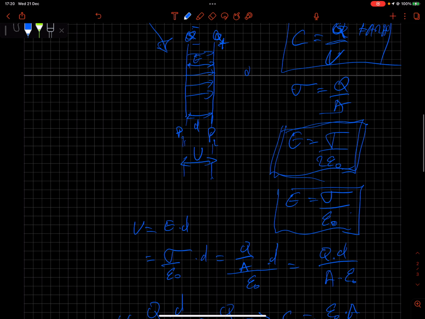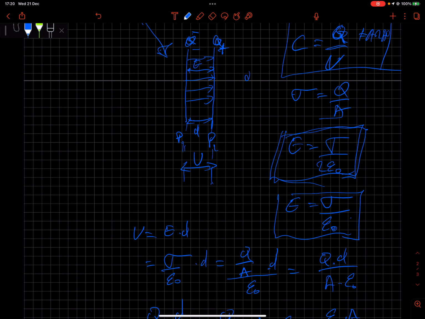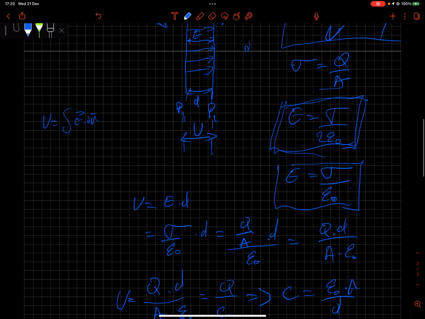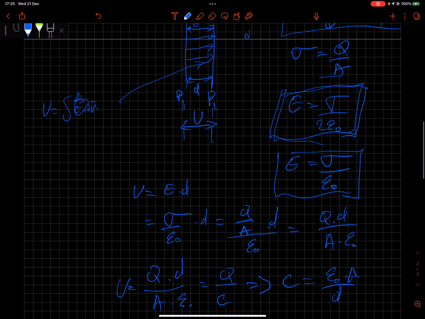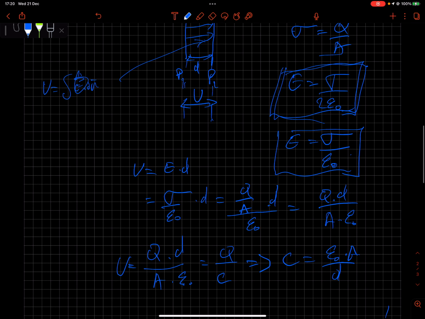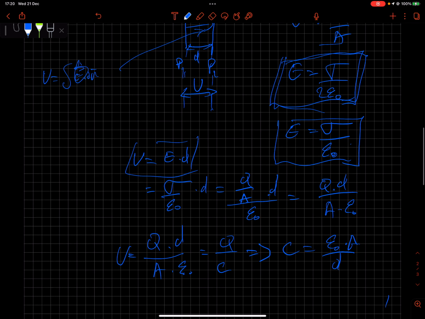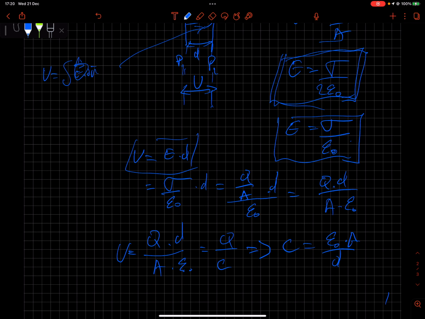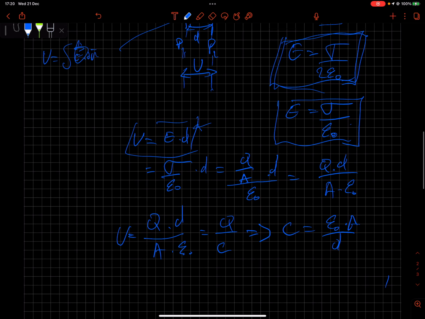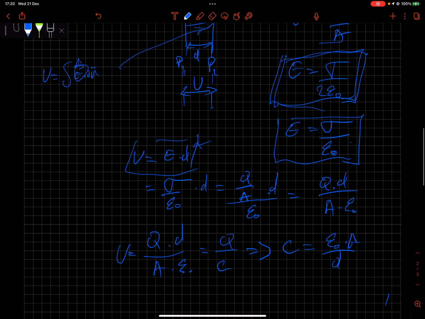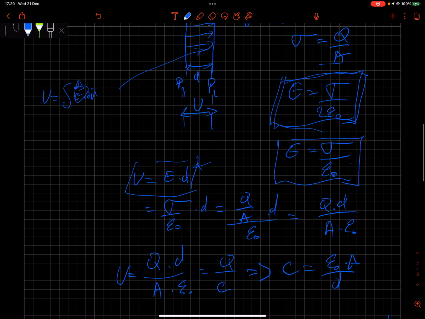So let's use that. The potential difference, we can write as the integral of the electric field dr, but we don't have to do that because the electric field inside here is constant, so it's equal to this expression here.